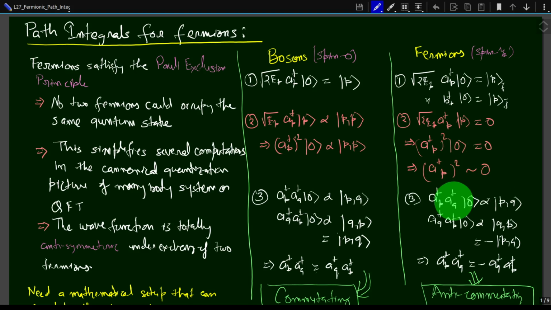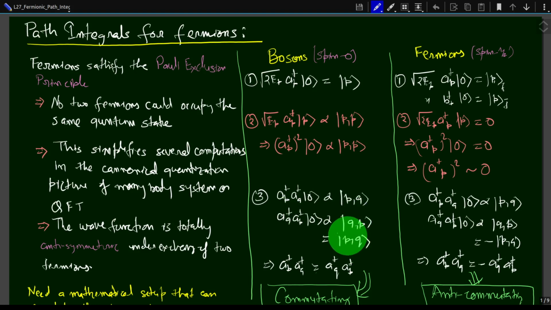Okay. The additional thing that I can have for the bosons is that if I apply a_p dagger and a_q dagger in this particular order, I get a 2 particle state denoted by p and q. And if I apply these operators in reverse order onto the vacuum, I get again a 2 particle state with their momenta exchanged, and that is related to the original state exactly.